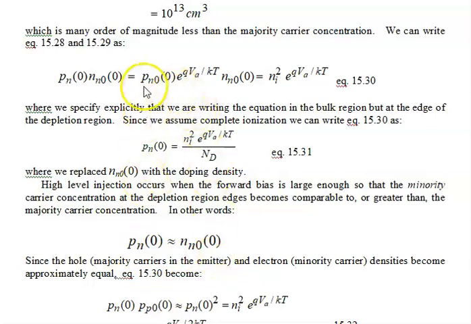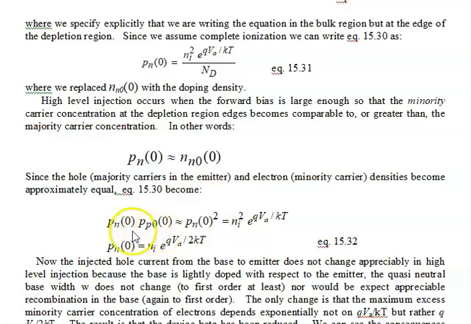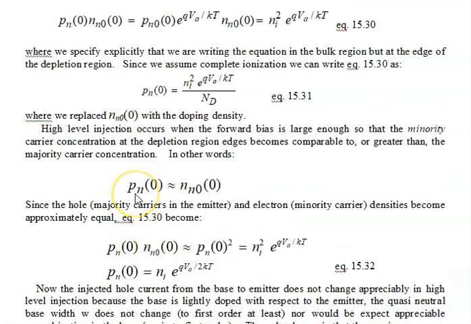So this guy here and this guy here are about the same. So right here, minority holes, which was very low, 10 to the 13th, that's pretty low, becomes on the order of the majority electrons, 10 to the 17th. So these things are about equal now.